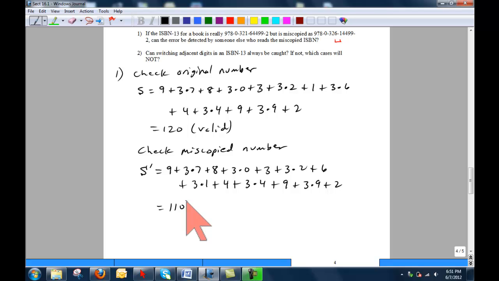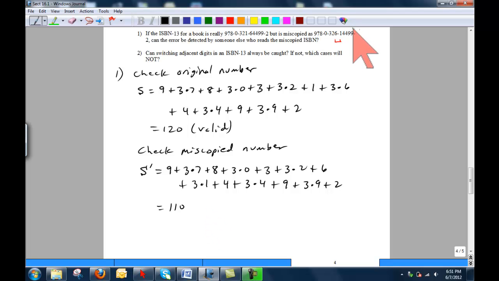Well, the way the computer is going to check this ISBN that it receives is to compute this sum that we called S prime and say, is it divisible by 10? If so, yes, it's a valid ISBN. If not, no, it's not a valid ISBN.